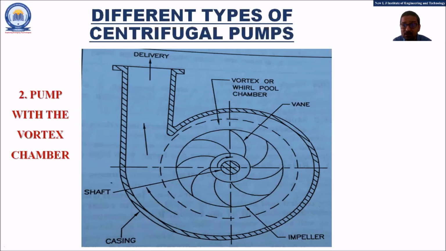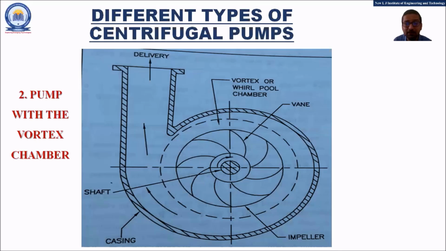And if the conversion is more, then we are able to achieve more pressure head, and the liquid can be delivered at a much greater height. So this is the main difference between the volute type pump and the vortex type centrifugal pump.